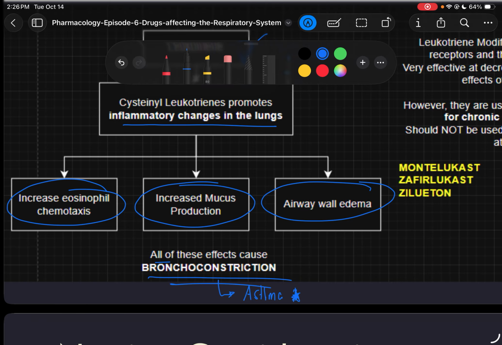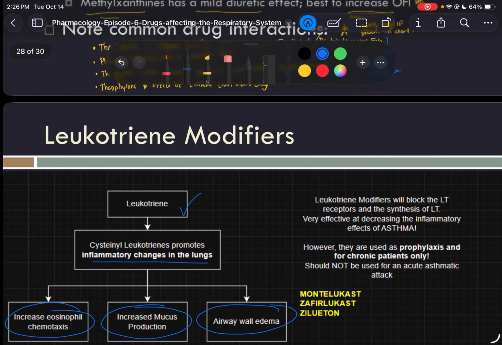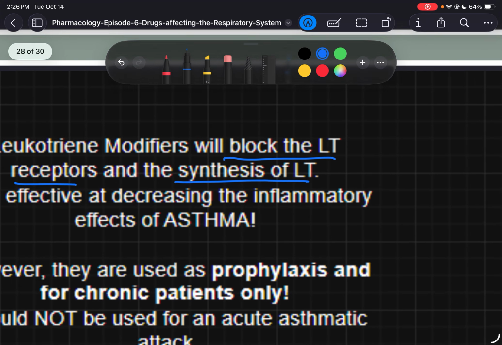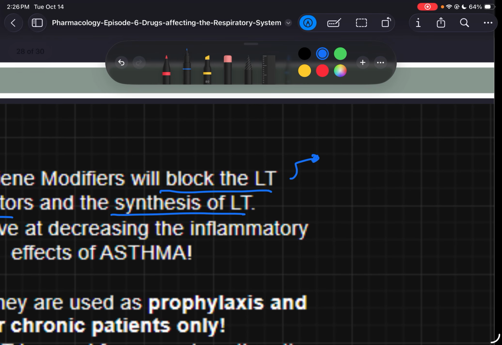Now, when we say leukotriene modifiers, they will block the leukotriene receptors and block the synthesis of leukotriene. So they will stop production of leukotriene and block receptors.